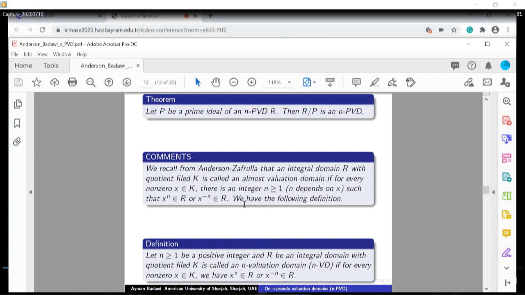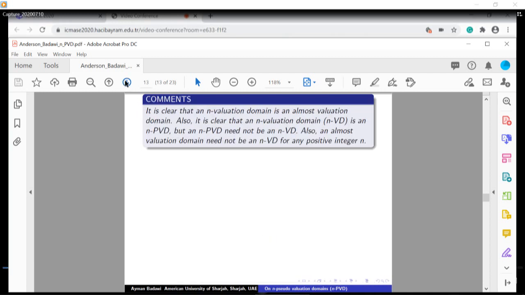So we generalize this concept to n valuation domain. And remember again, n valuation domain, if n equals 1, then this is nothing but the classical valuation domain. Here is a comment, which I just told you.